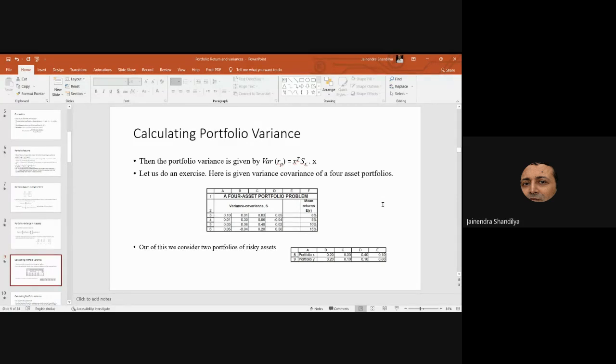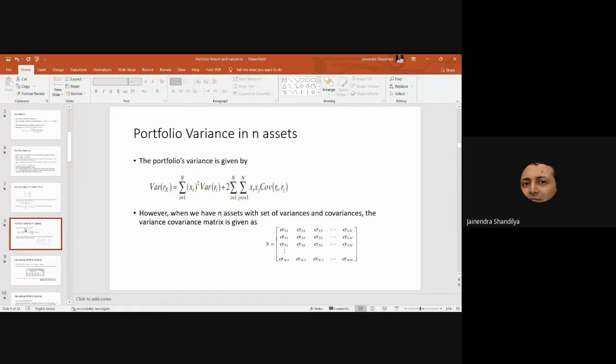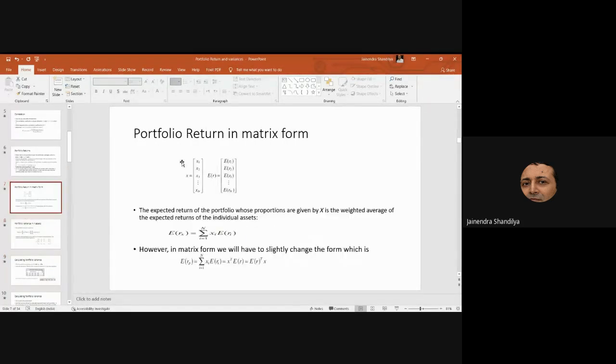This is 4x1, and this is 4x4. So this will only apply when X is in vertical format, which is what I showed you in the beginning.